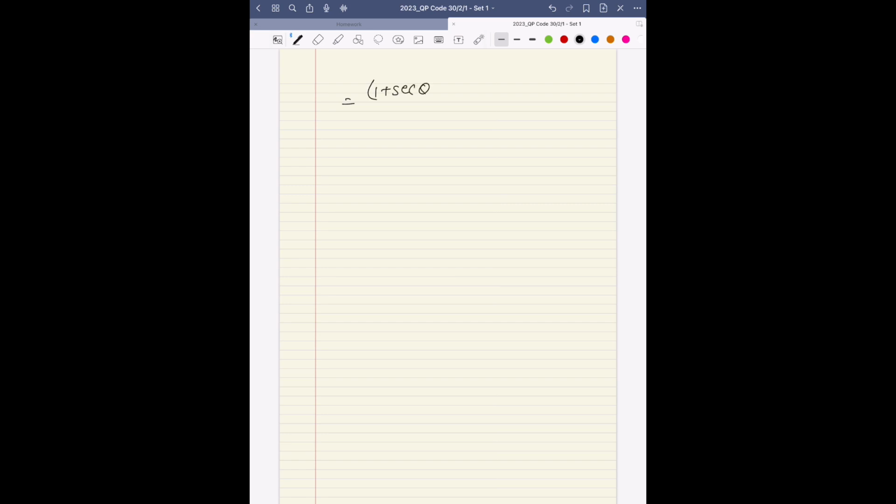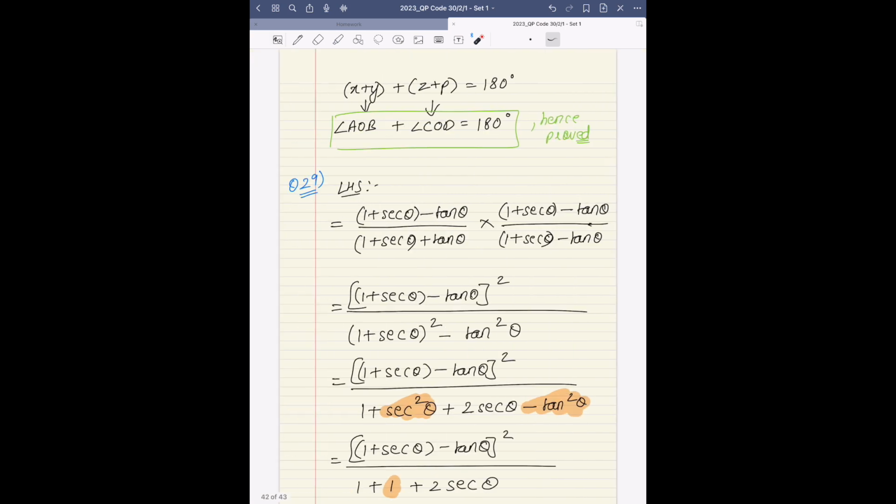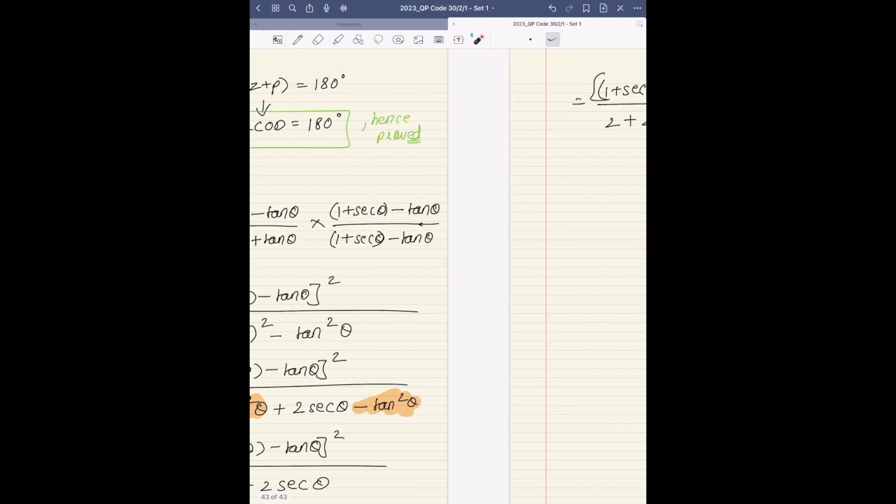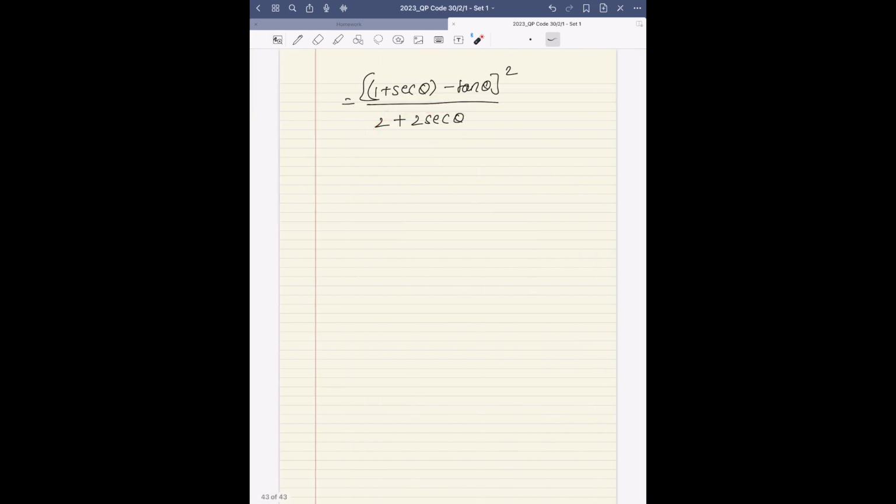So (1 plus sec theta minus tan theta) whole square divided by 2 plus 2 sec theta. Now we have simplified to a certain extent. If you take 2 common, you can see 1 plus sec theta.